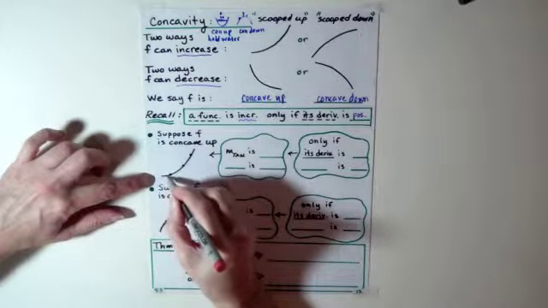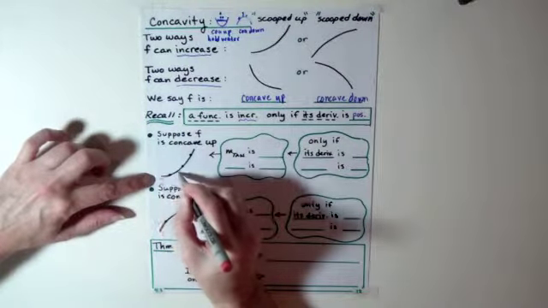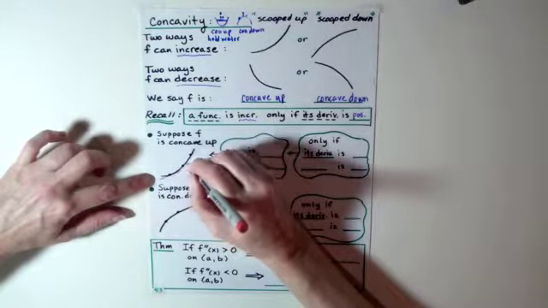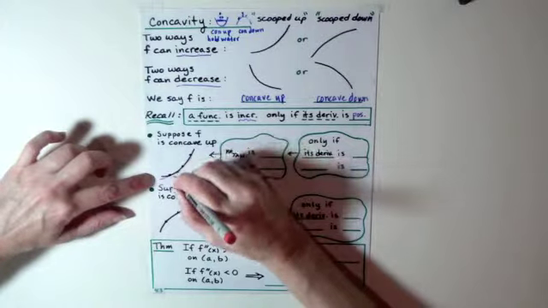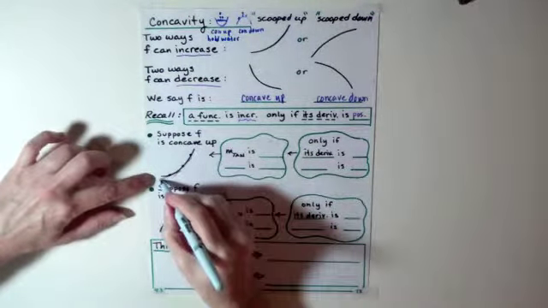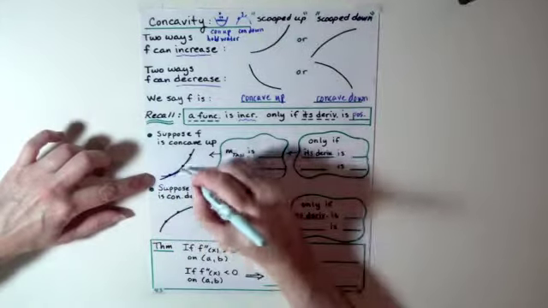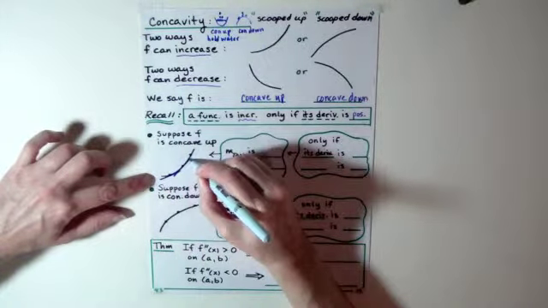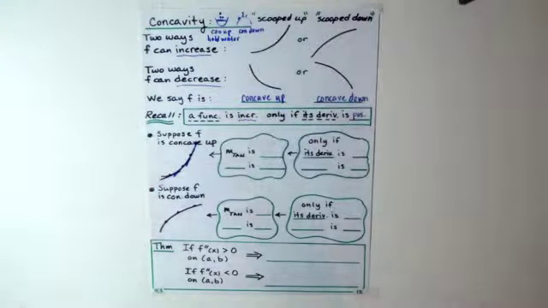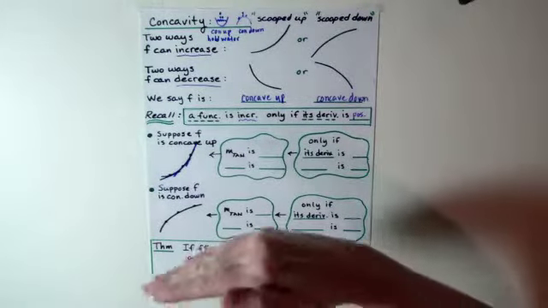So the tangent line here looks maybe something like this. And then here it looks like the tangent line might be something like this. So here the tangent line looks like this, here the tangent line looks like this, and here the tangent line looks like this. And what do you notice about these 3 tangent lines?